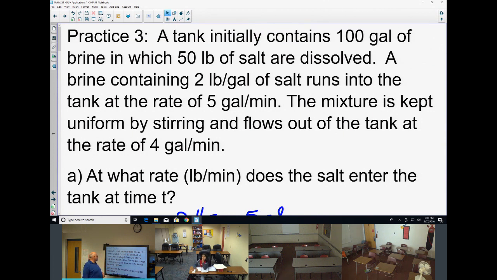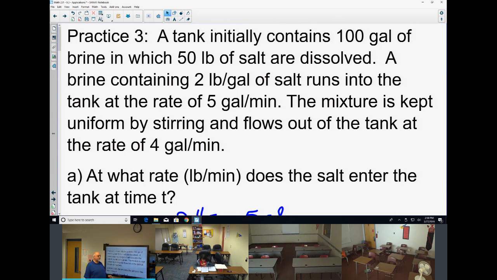The mixture is kept uniform by stirring and flows out of the tank at a rate of 4 gallons per minute. So it says at what rate in pounds per minute does the salt enter the tank at time t?